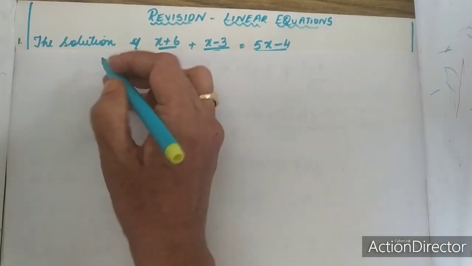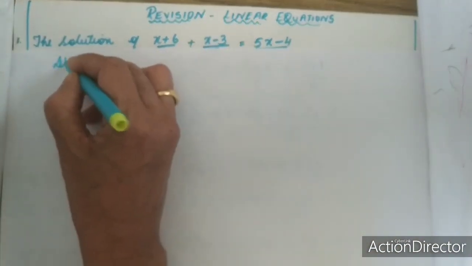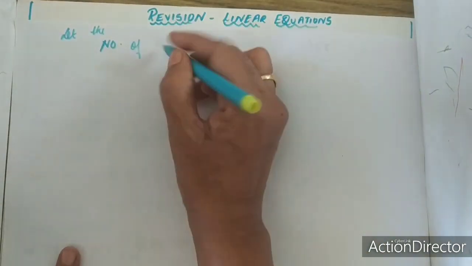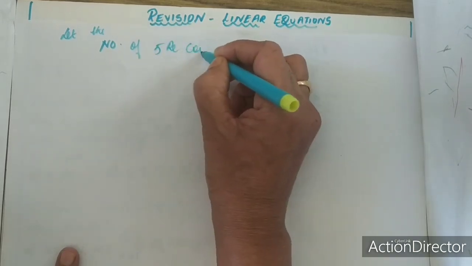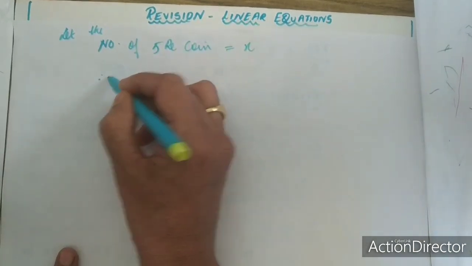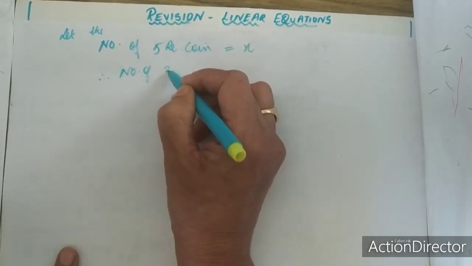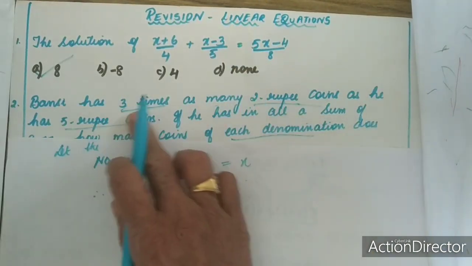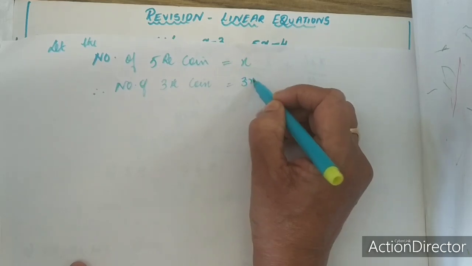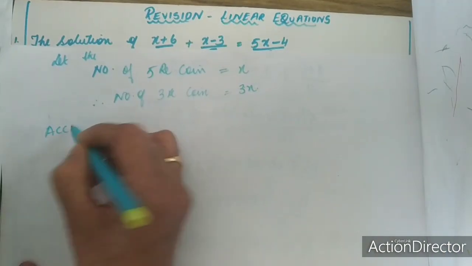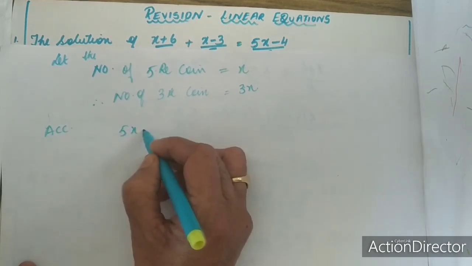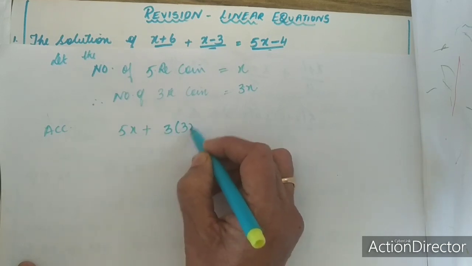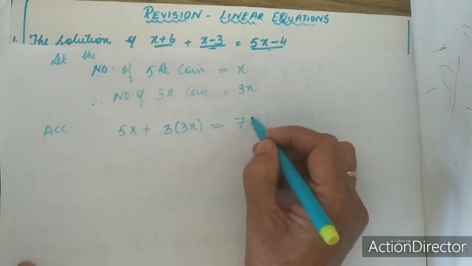So first let the number of 5 rupee coins be x. Therefore the number of 2 rupee coins is equal to, how many times it is given? 3 times. So it is 3x. Also according to the condition, it is given 5 into x plus 2 into 3x is equal to 77.